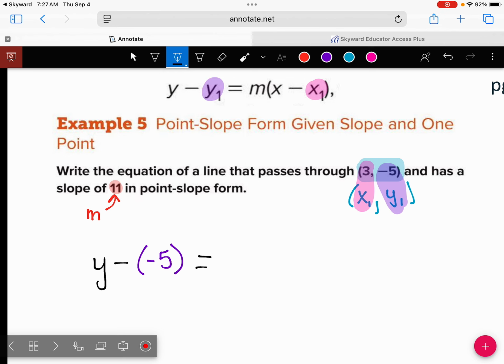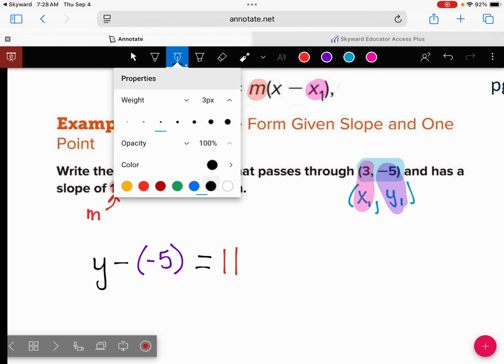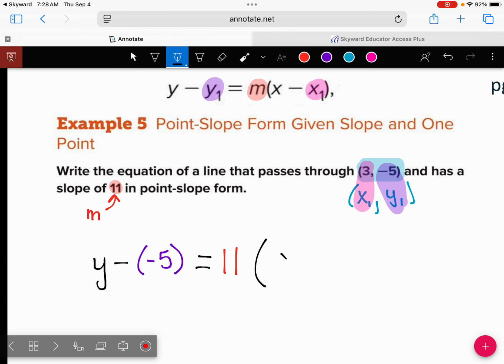And that's going to equal our m goes here. That's my 11. And then in my parentheses, we have our x minus my x value from the point, which is a 3. I've substituted all my pieces in.